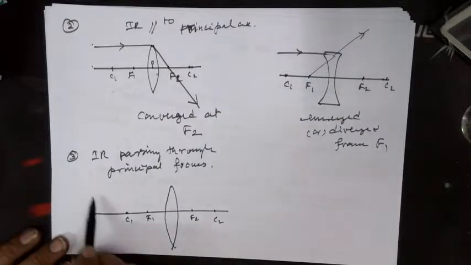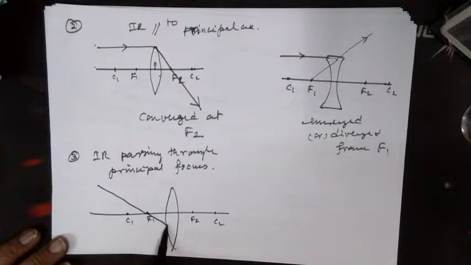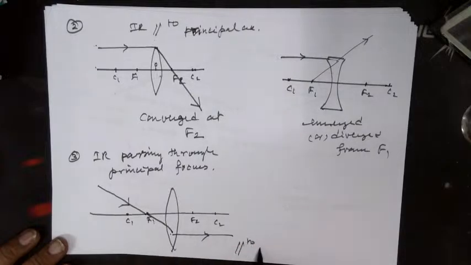Now the light is traveling through the F. In that case it becomes straight, parallel. Okay, this is the incident ray that passes through F1. Do you understand this? So you are able to get parallel to the principal axis, just the opposite.